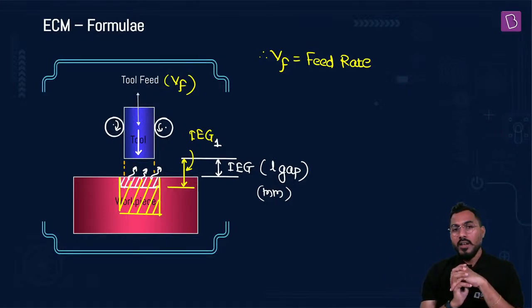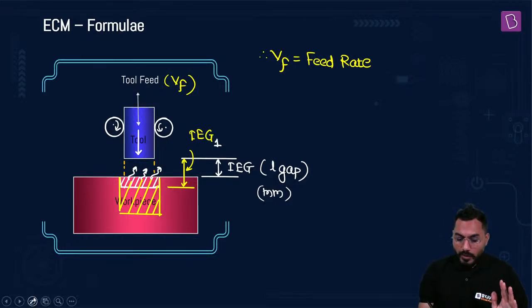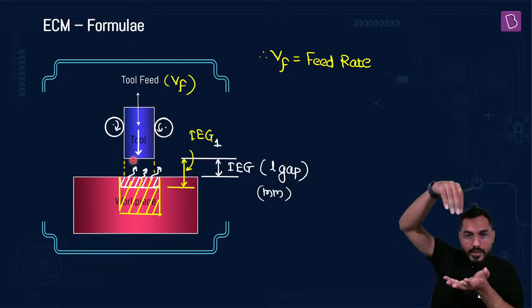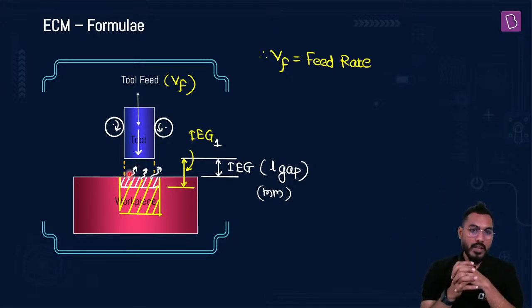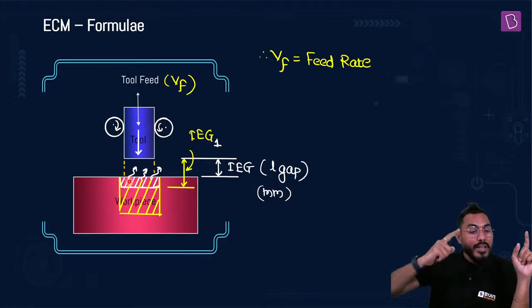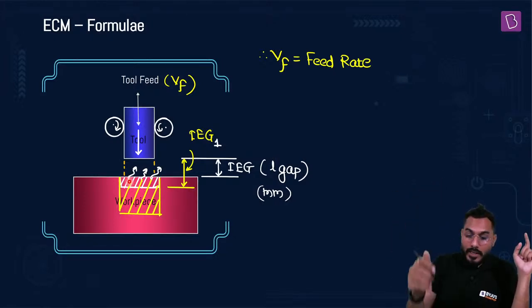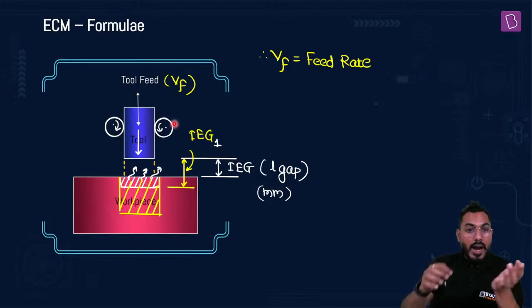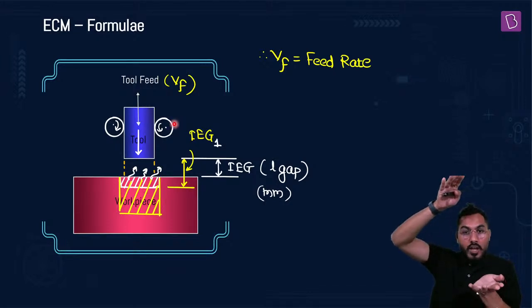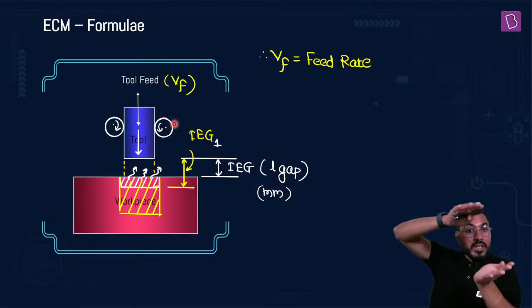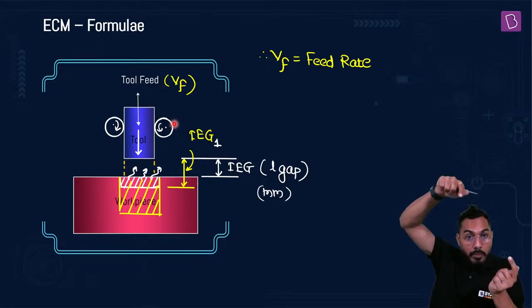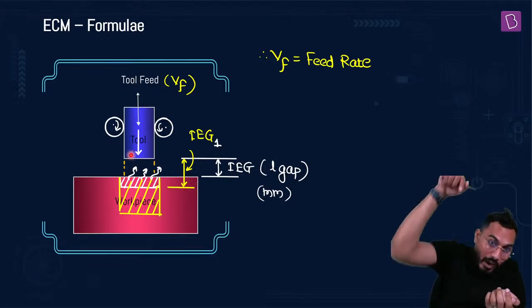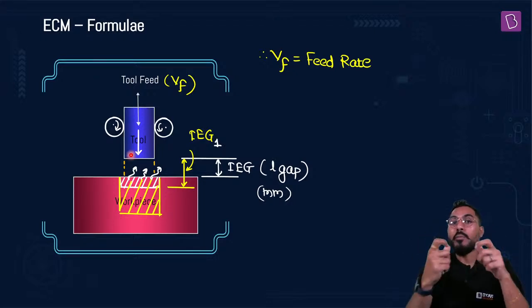What I'm asking, sir, feed rate means what? My tool has to feed in the downward direction so that the gap between tool and the workpiece will be maintained the same and the material removal rate will remain the same. So if the material removal rate is very high, that means ions are rapidly depleting and the depth of the hole is rapidly increasing. So the gap between tool and the workpiece is increasing rapidly. So can I say that my tool should also move rapidly in the downward direction to maintain the same optimum gap?